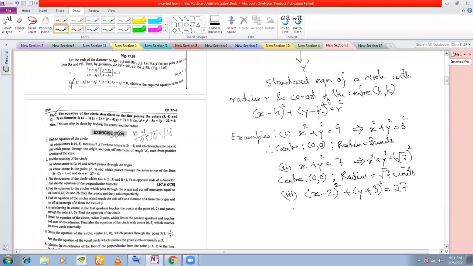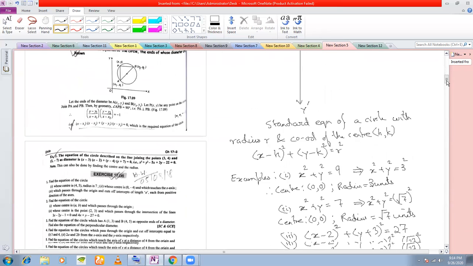You see that this equation can be written in the form (x minus 2) whole square plus (y minus of minus 3) whole square is equal to (root 27) square, which is what form? Which is this form, right?